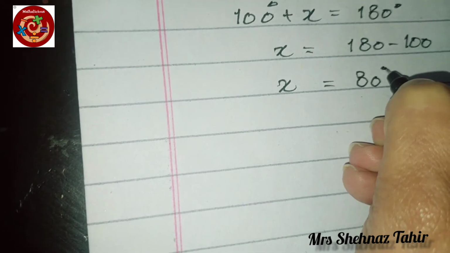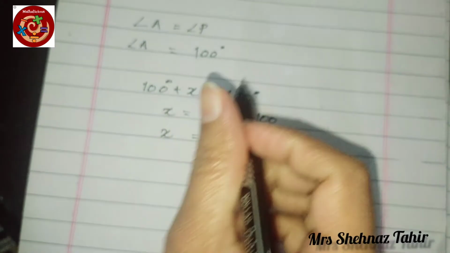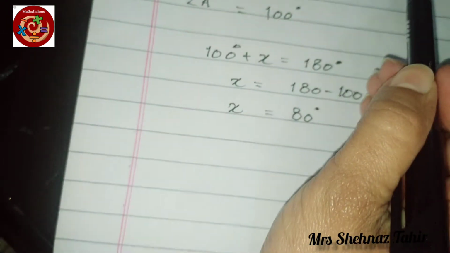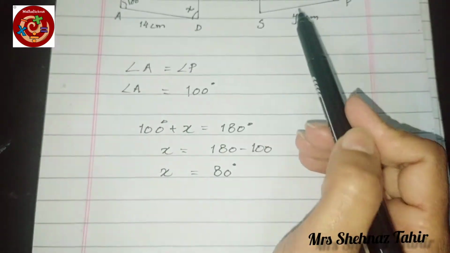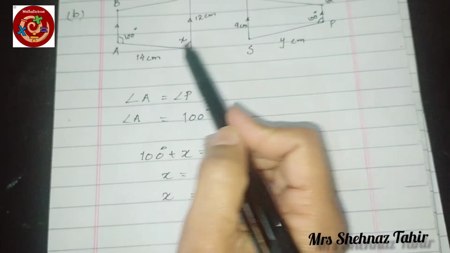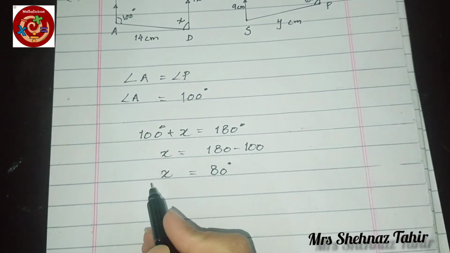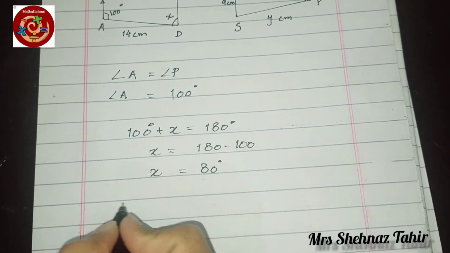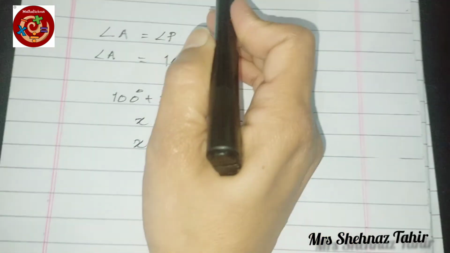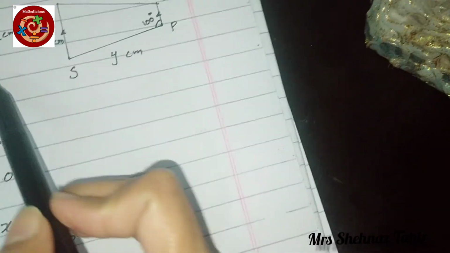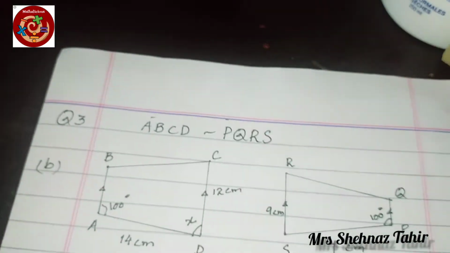Now we have found the value of X, that is 80 degrees, and now we have to find the value of Y. These are the sides. Side AB is proportional to PQ, and BC is proportional to QR, and we know the value of RS and CD.